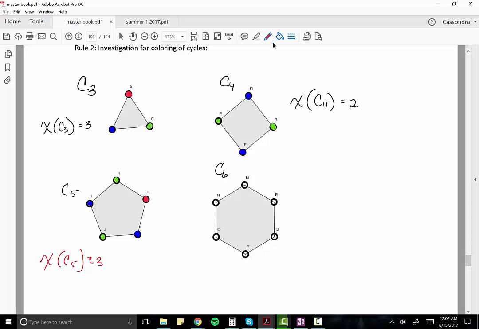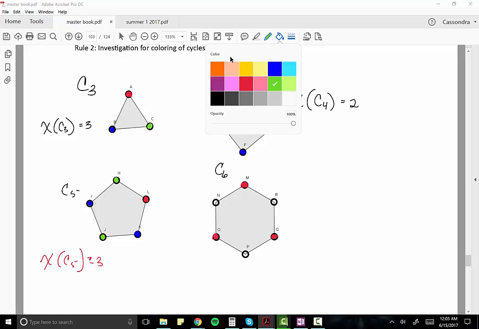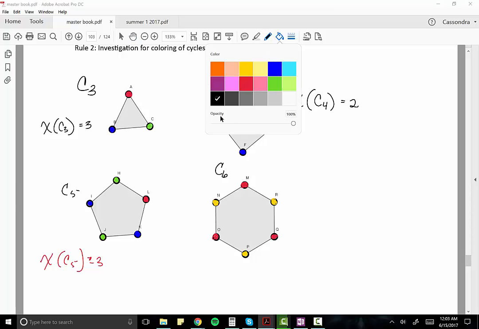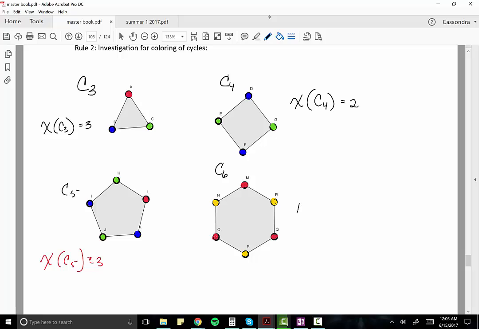C6 is even, so every other one, it's going to be 2. The coloring number is 2. We'll make it yellow. I like this section, it gets colorful. So the chi of C6 is 2.